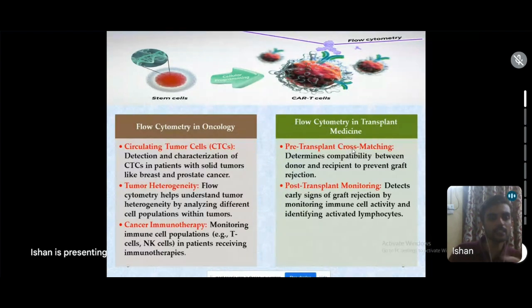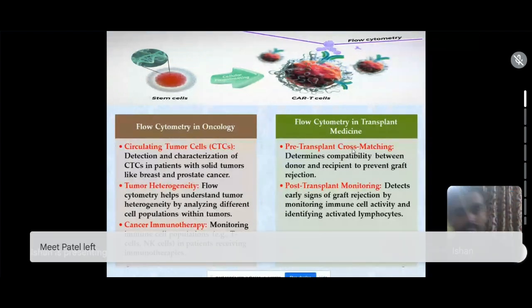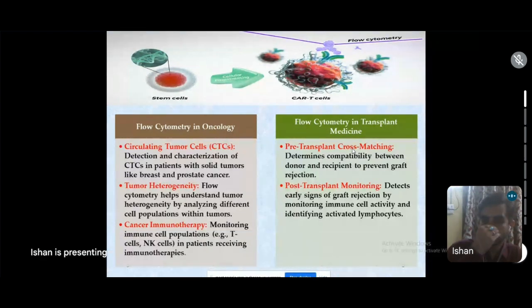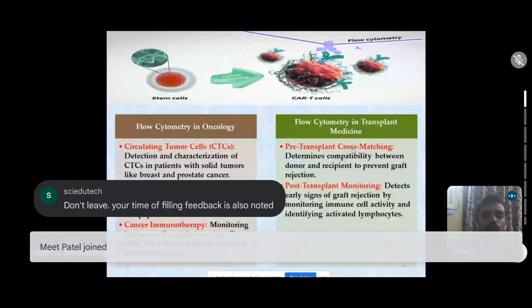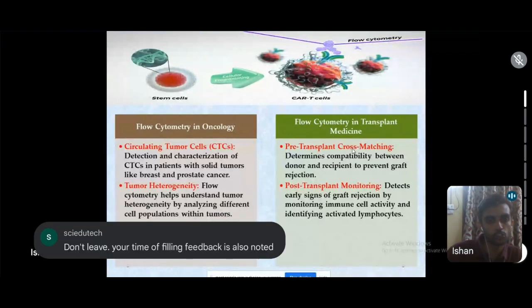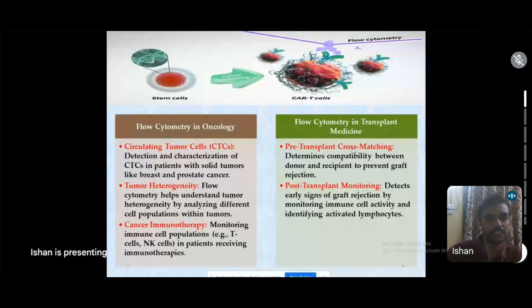Then, about tumor heterogeneity, as we were talking about initially, flow cytometry can differentiate populations and sort the cells from a heterogeneous population where we have a mixed number of cells. Flow cytometry helps us understand tumor heterogeneity by analyzing different cellular populations within the cells.